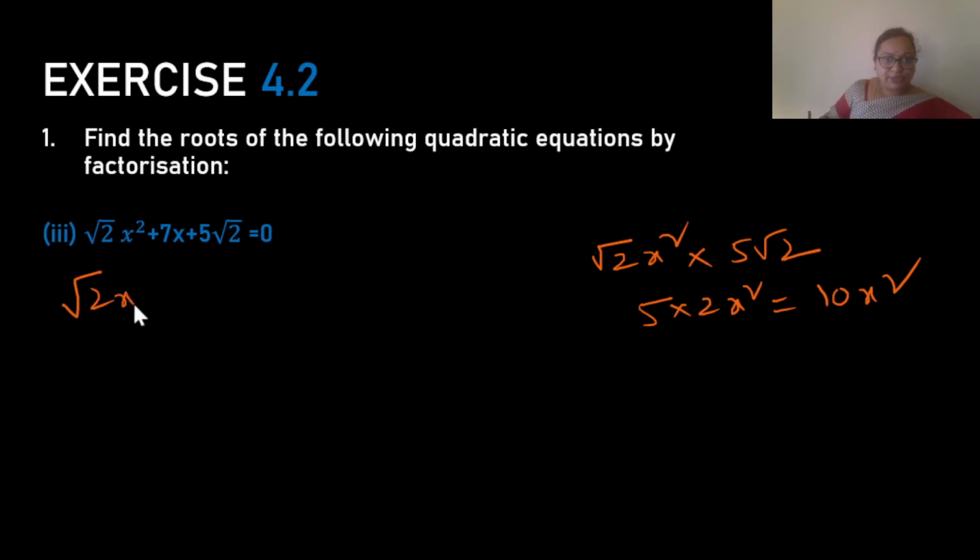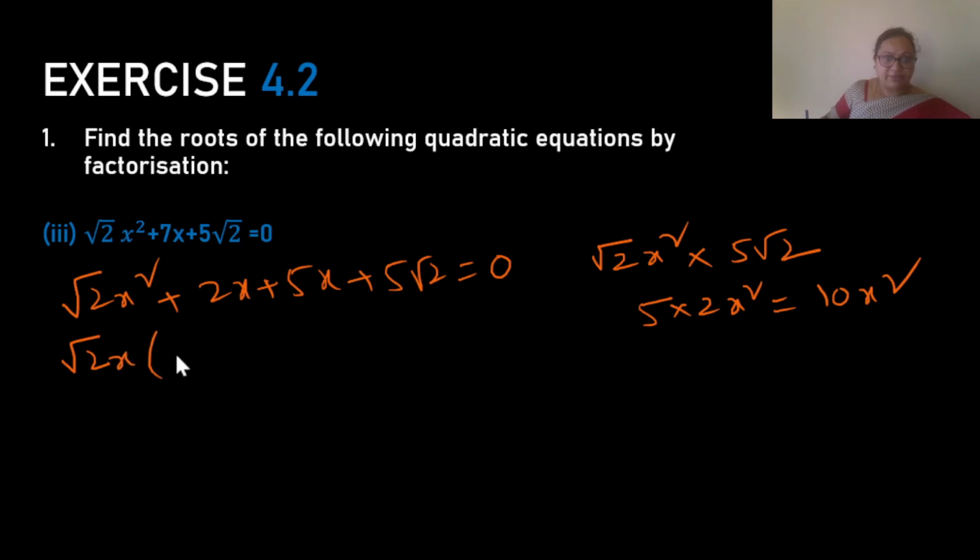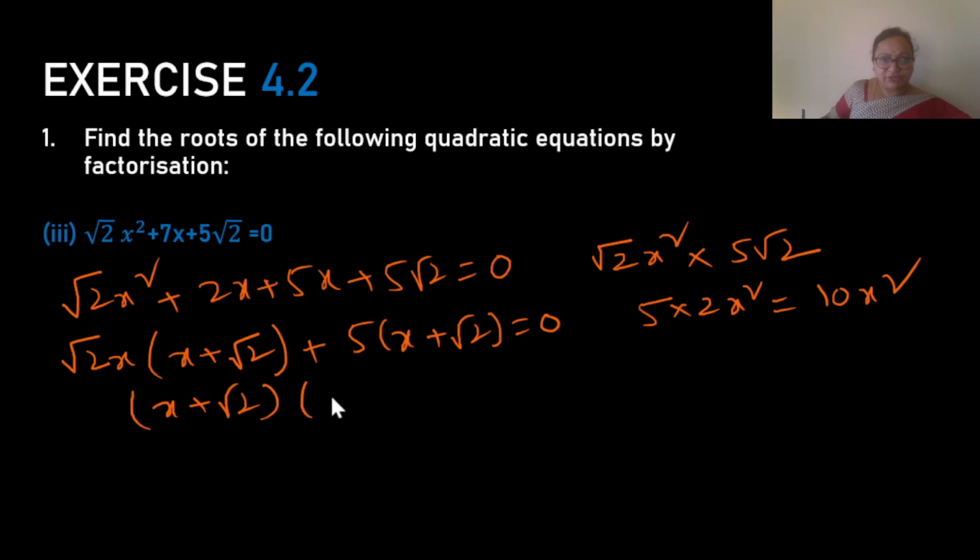Root 2 x square plus 2x plus 5x plus 5 root 2 is equal to 0. We can take root 2x as common. So x plus root 2 plus, if you take 5 as common, x plus root 2 is equal to 0. Now x plus root 2 is a common factor.